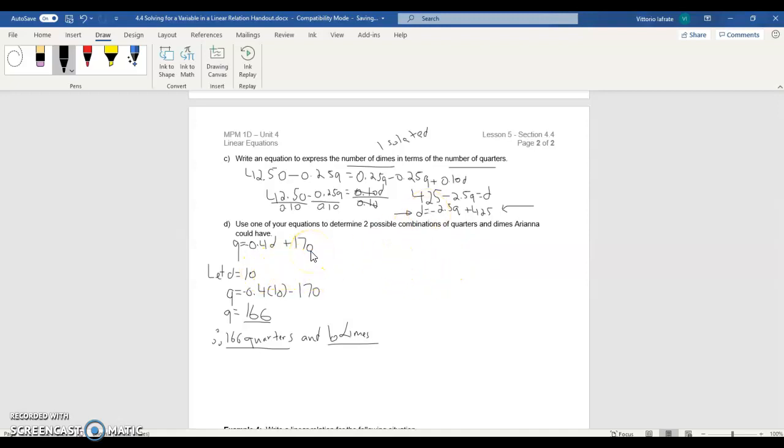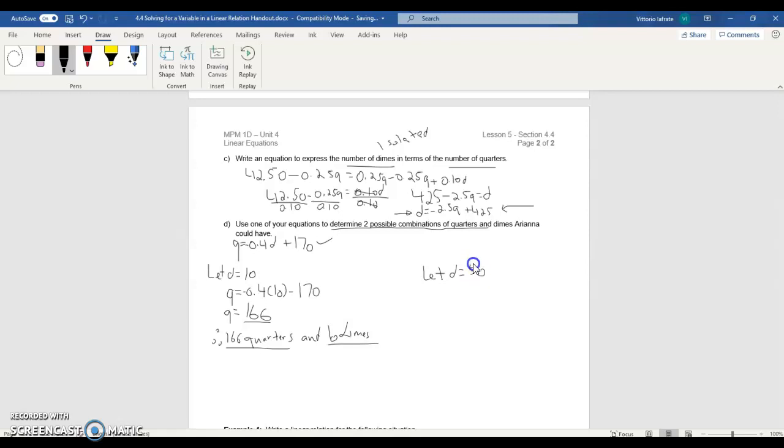So try that out, see if that works out for you. I'm just going to do one more possible combination because here it says use one of your equations to determine two possible combinations of quarters and dimes. So I'm going to use the same equation here, but this time I'm going to let D be equal to 50.